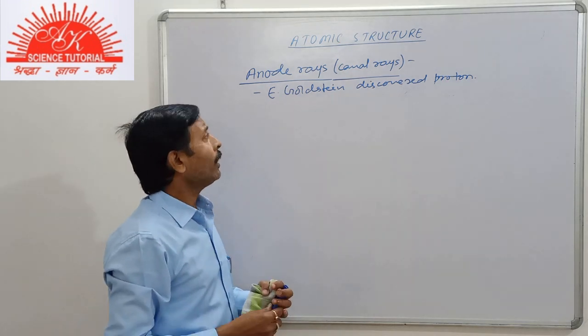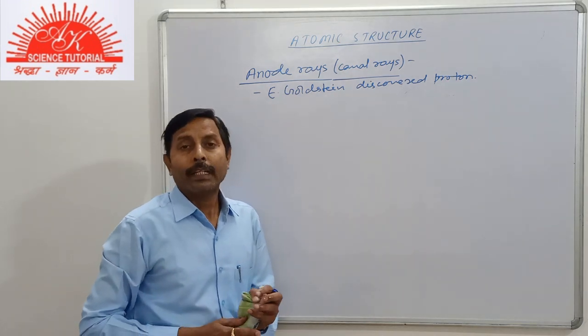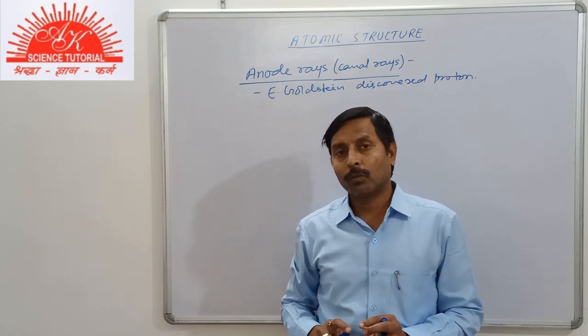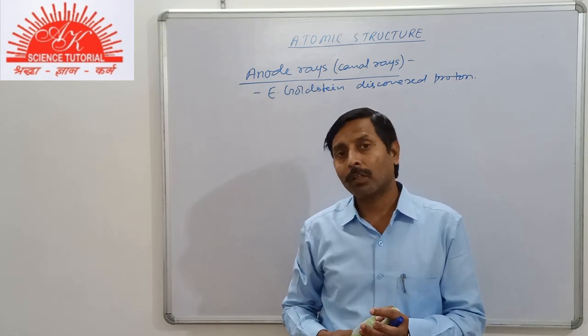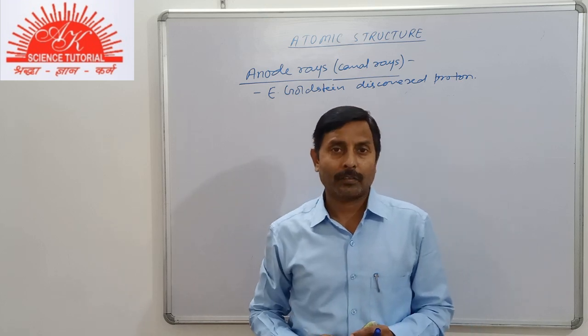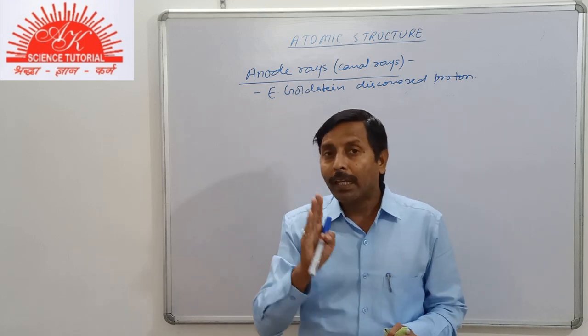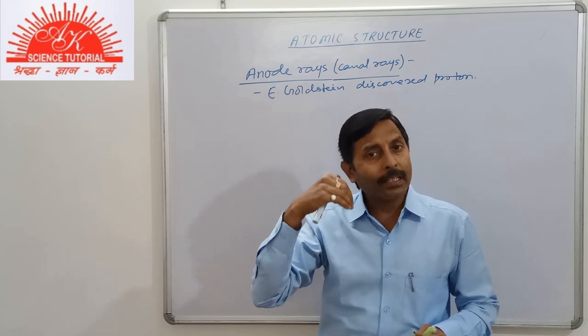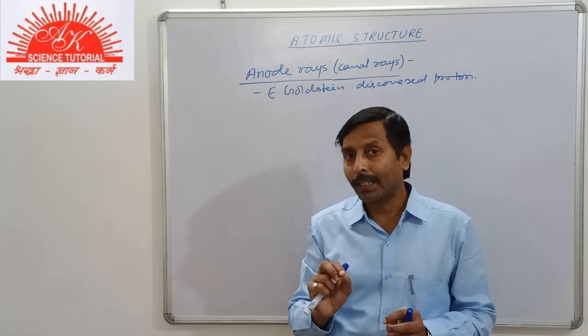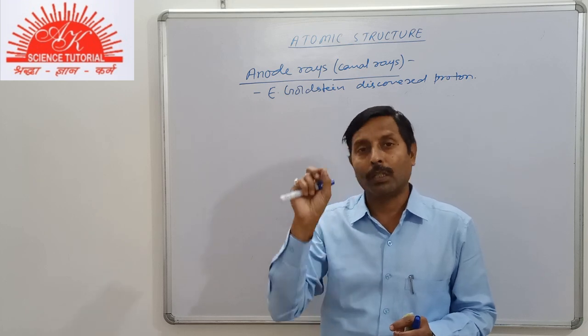Now, in order to perform the experiment, he again used a discharge tube similar to the one used in the cathode ray discovery. But there was one structural change: he placed a perforated cathode plate in the middle part of the tube. Perforated means having holes.